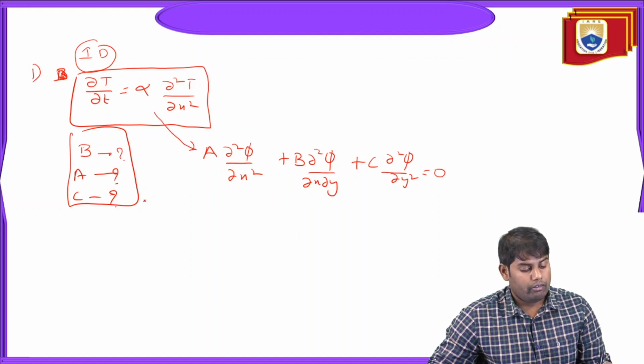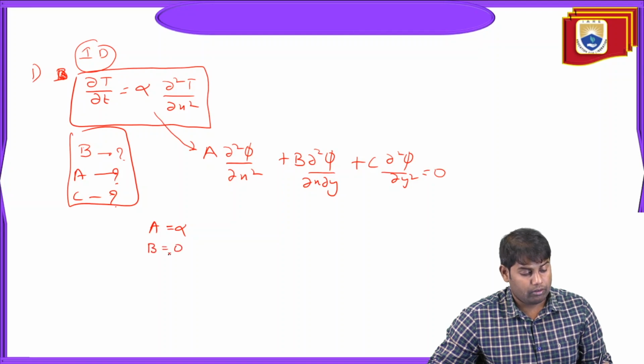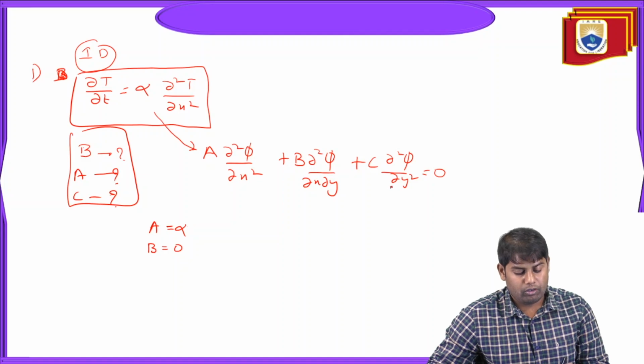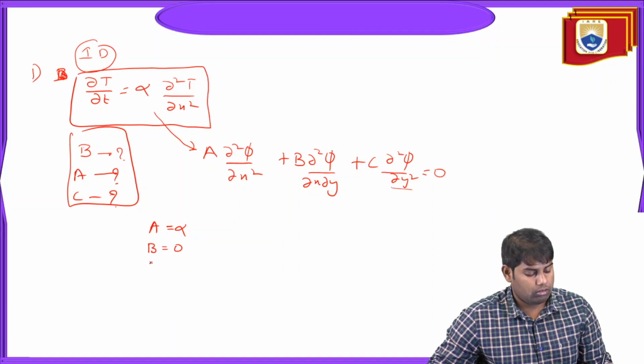So here we can take a as alpha, and there is no mixed derivative, so we take b as 0. We don't have any derivative with respect to y, so we take c as 0.